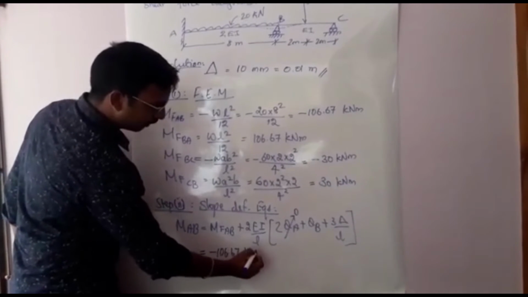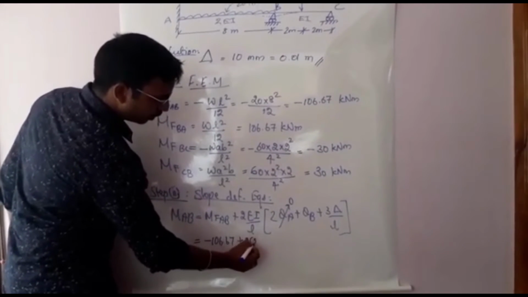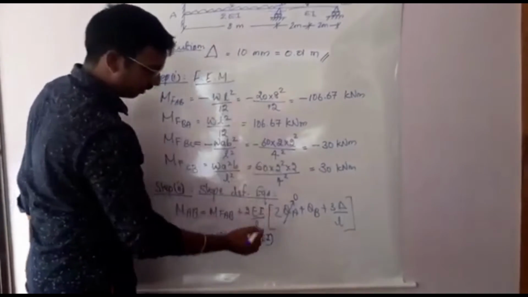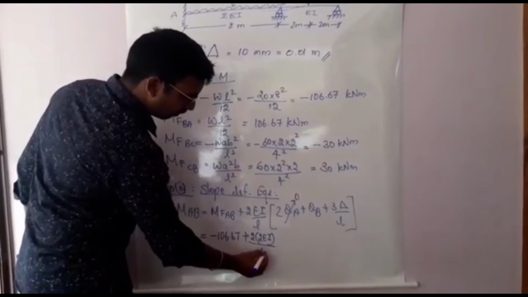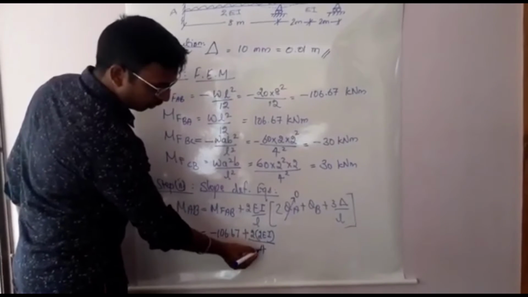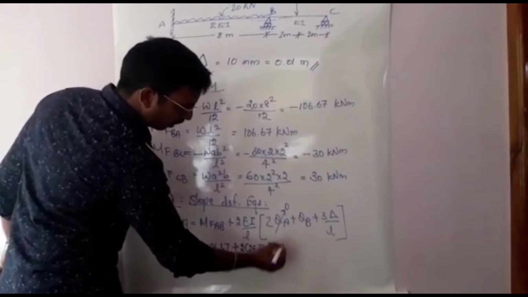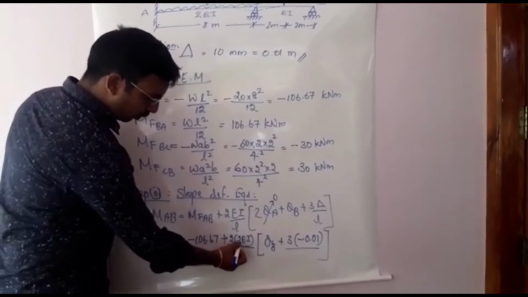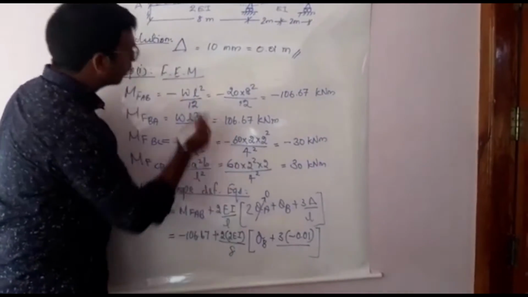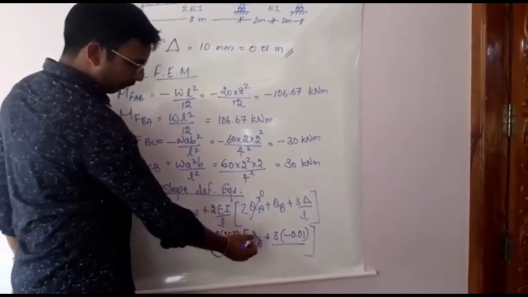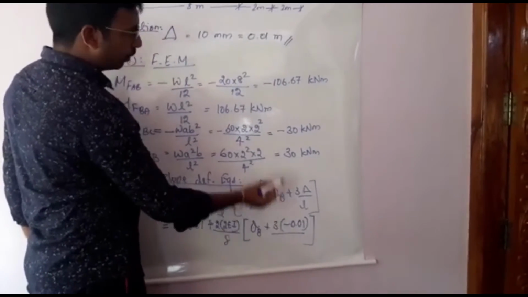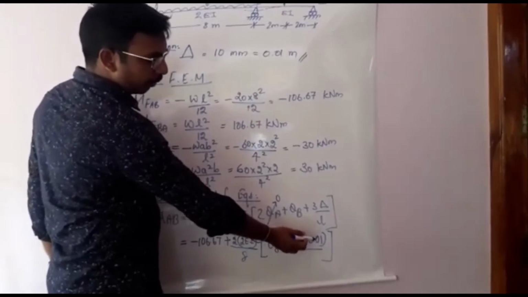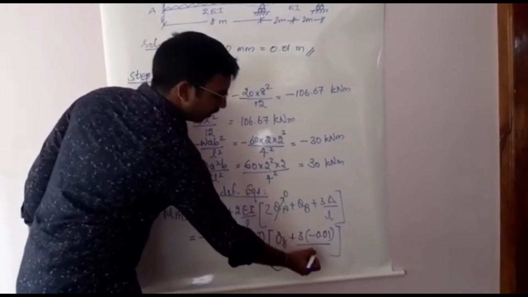So M of AB is minus 106.67 plus 2 into 2EI. Here it was given as 2EI divided by 4, so 2 into 2 is 4, and this 2 is cancelled. Theta B, 2 into 2EI by 8 because the length is 8. Then theta B plus 3 into, for clockwise you have to put minus 0.01 divided by L, that is 8.